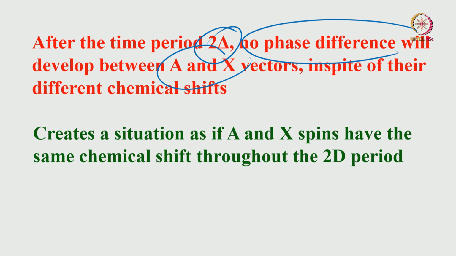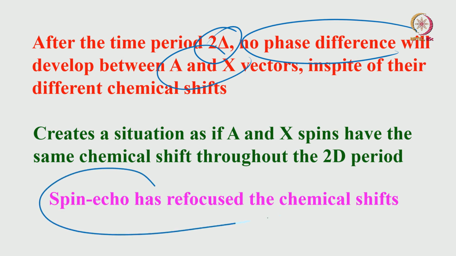You can imagine a situation now. There were two chemical shifts between A and X. After spin echo, it appears as if they have the same chemical shift. There is no chemical shift difference. And this means I would say spin echo has refocused the chemical shifts. It is called chemical shift refocusing.